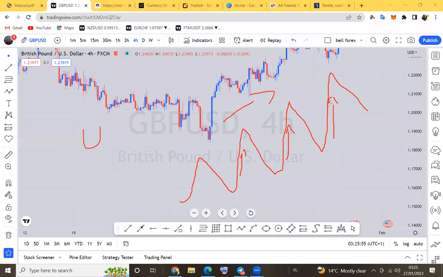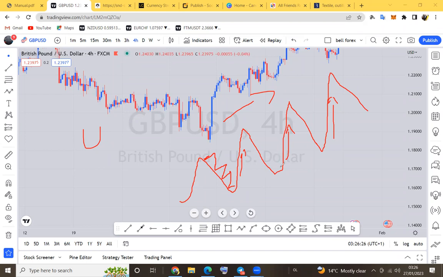Now, in each impulse and correction, there are other trends inside. In this correction here, there is also a trend. If I move to a smaller time frame, I'm going to see a downtrend forming lower lows and lower heights.